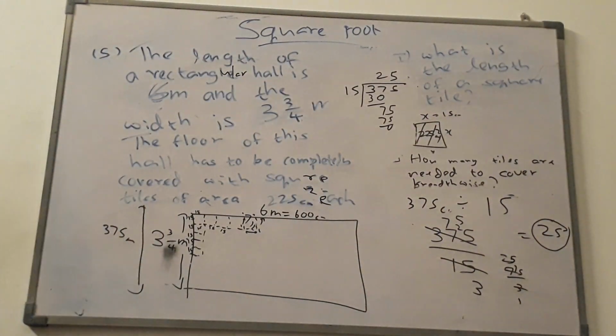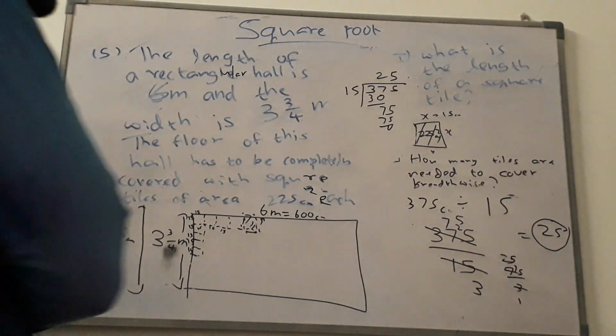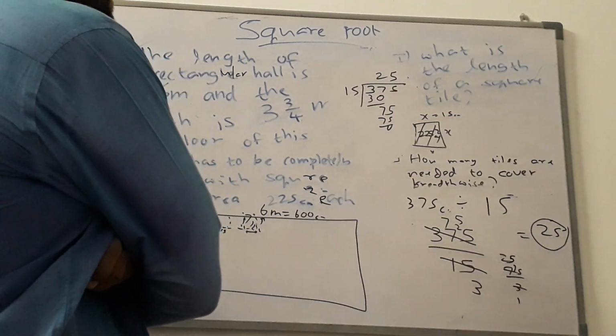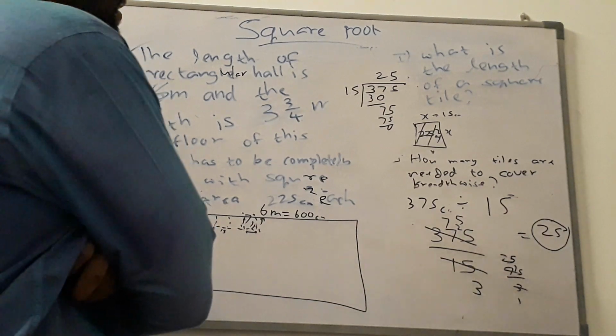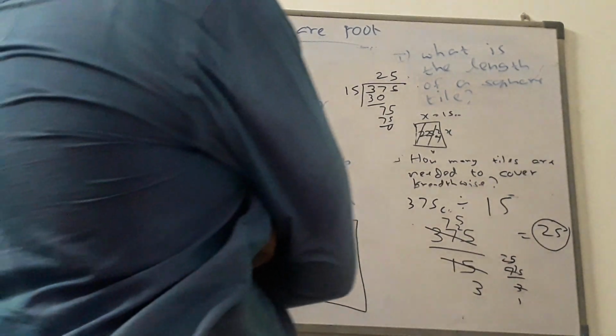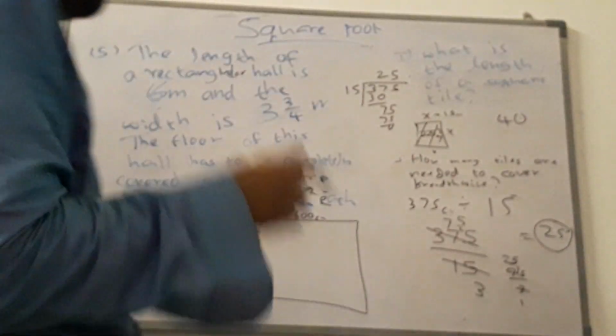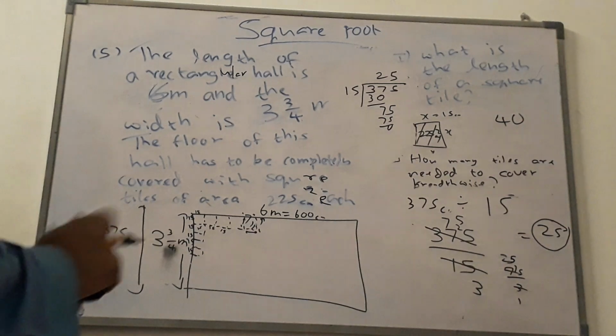So lengthwise, there are 40 tiles, and breadthwise, there are 25 tiles.